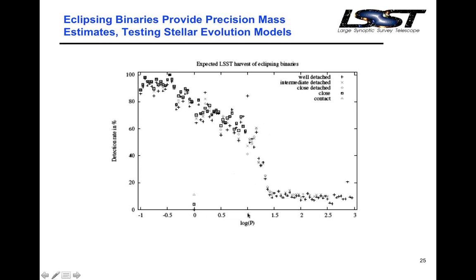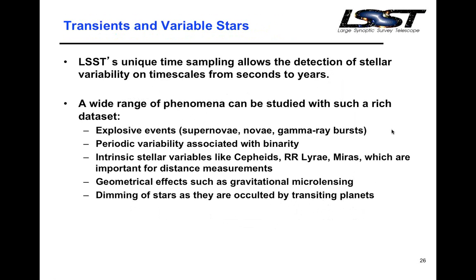You can see that, where log P of 1 corresponds to 1 day, for the short period variables we essentially will detect them with very high probability. And of course, that starts to fall off as you get timescales more to a year or so, just because we don't have so many cycles. But we'll get an enormous population of eclipsing binaries, and we'll have enough data in order to do the mass determination for each of these. So a very rich data set there as well.